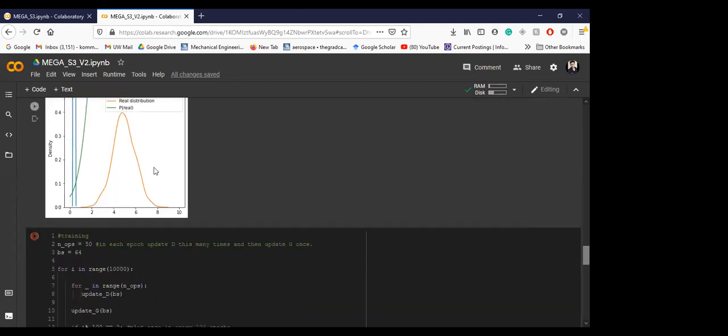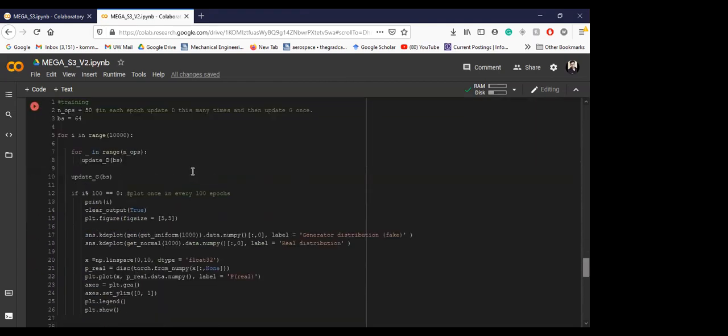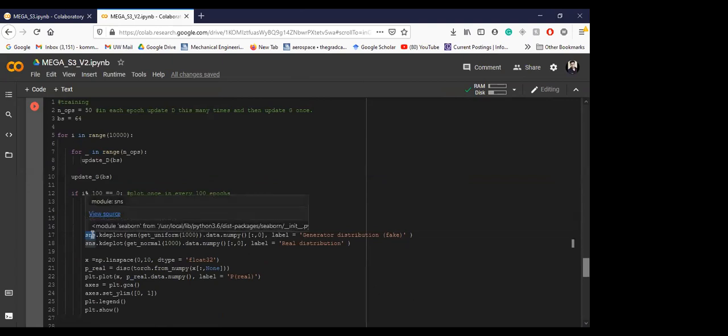Also, it's really cool to look at the distributions being updated online. This is why I have imported the Seaborn module, and I also have the clear output function, which I have in the first lines of importing things.